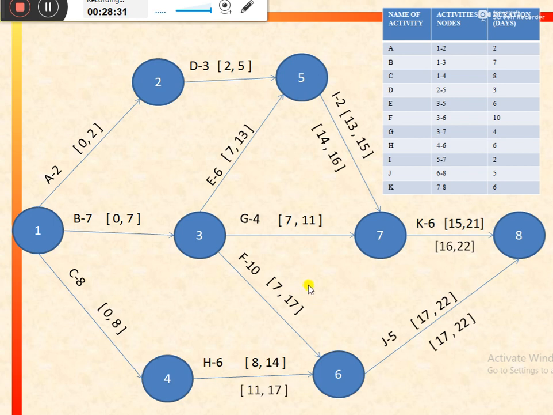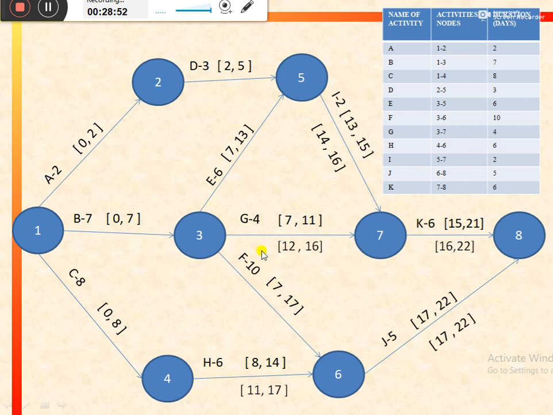Further, we would come to activity G. For activity G, the successor or following activity is K, for which the latest start is 16. So it would be latest finish for activity G, that would be 16. And in that case, the latest start would be equal to 16 minus 4, that would be equal to 12.